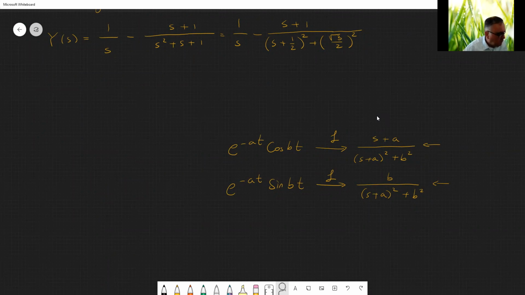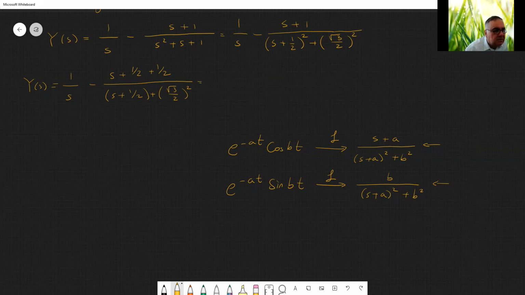So I can write it as follows. Y of s equals 1 over s, that is easy, minus. Now I want s plus 1 over 2. There we have s plus 1, so I can write it as s plus 1 over 2 plus 1 over 2. Then you have (s plus 1 over 2) squared plus (root 3 over 2) squared.